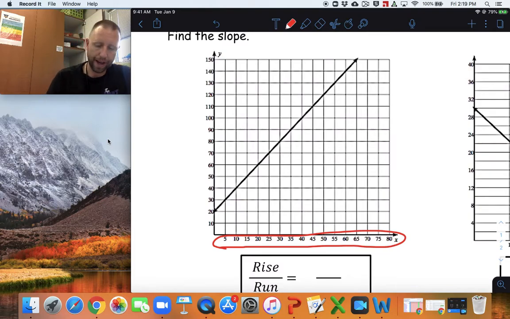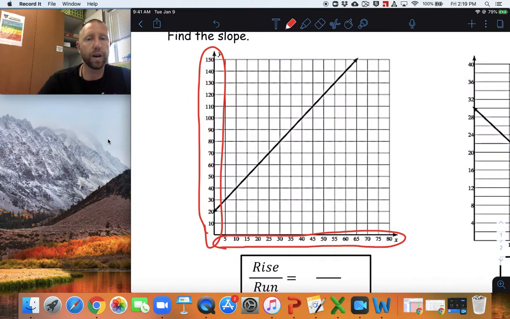And then I look on the y-axis and I see something similar. We are not counting by ones on this graph. Instead, on the y-axis, now we're counting by tens. So the x and the y-axis aren't counting by ones, and they're both counting by different amounts. So each line isn't always going to be worth 1.